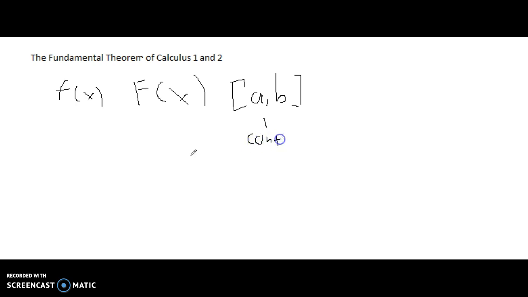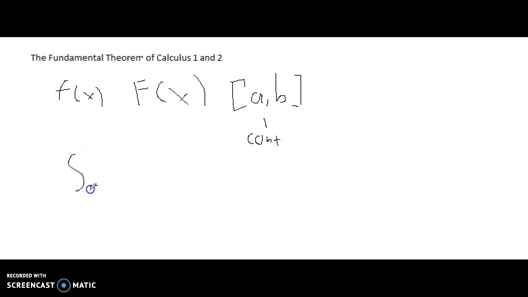so f of x, that also has an antiderivative, let's label it big F of x, from a to b, pardon that A, and is also continuous from a to b, then this essentially applies.